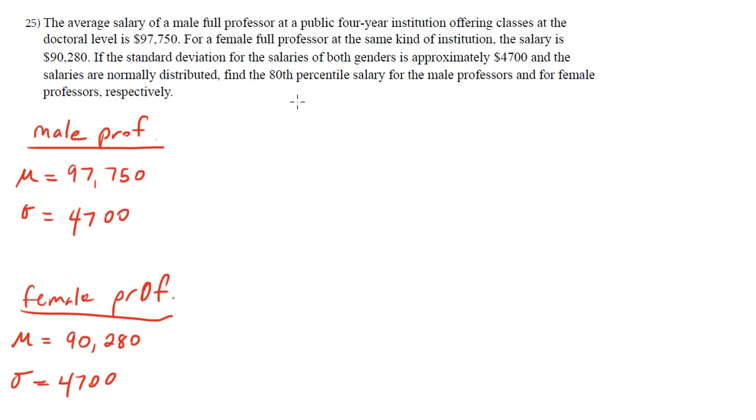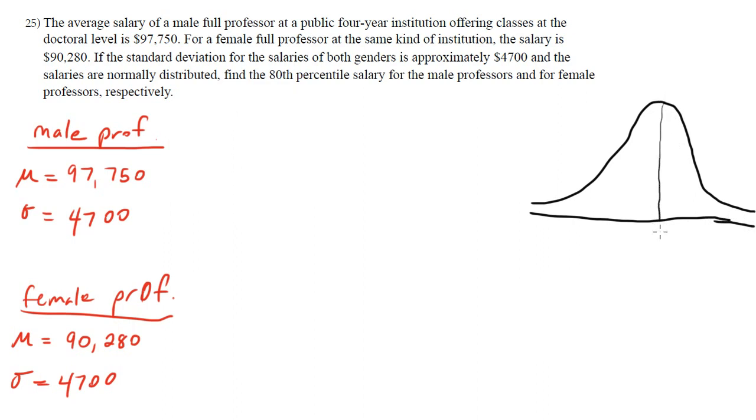This is similar to the last problem we did, number 24. In that we're given this percentile, so let's examine what that means. I'll draw over here. So the 80th percentile, here's my mean. We're talking Z's, mean is 0.